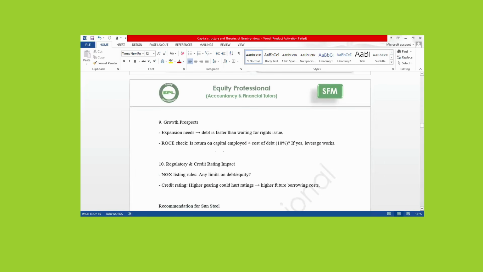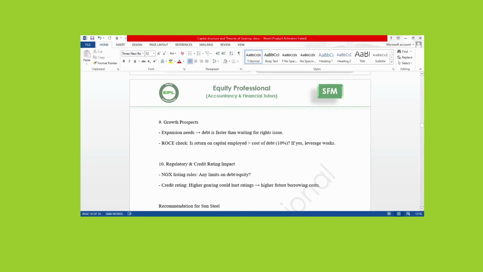Growth prospects, growth opportunity. Where there are growth opportunities, debt finance can be used fast.